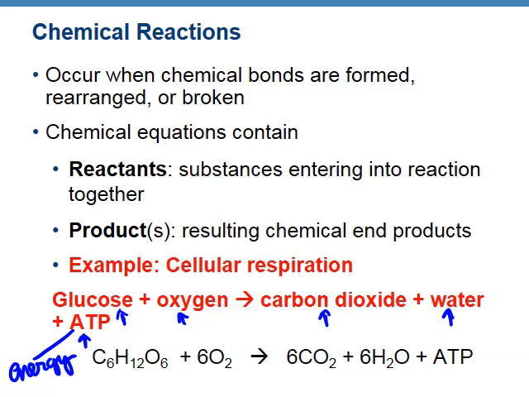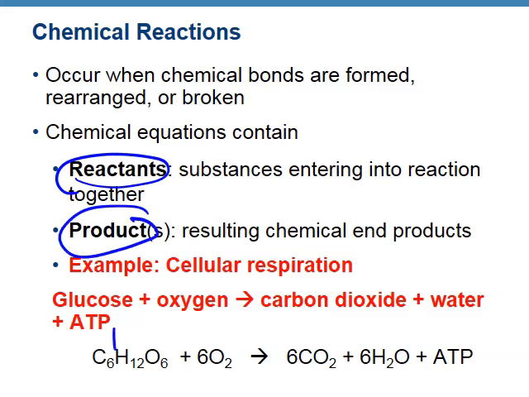So this is how you would write the equation. This is glucose, and this is the oxygen, and this is the carbon dioxide, and this is the water, and this is the energy that we're going to get out. So the reactants versus the products. Whatever you put in is the reactant, and whatever you get out is the product. That seems pretty easy, right?